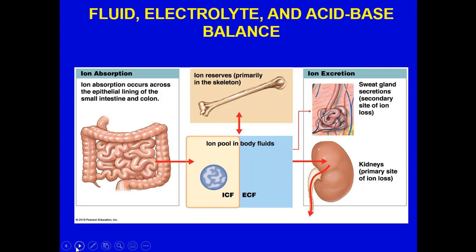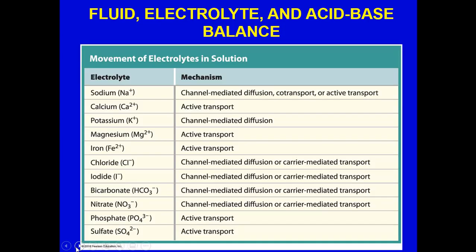The modes of loss are primarily through sweat gland secretions, as well as the kidneys. Now, before you go bananas and say, oh my gosh, you asked us to memorize all of this, no. You should be able to easily identify sodium, calcium, potassium, chloride. The key point is that those are the biggies when it comes to electrolytes.